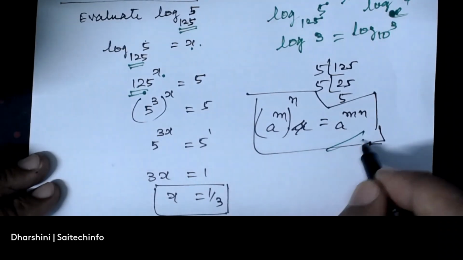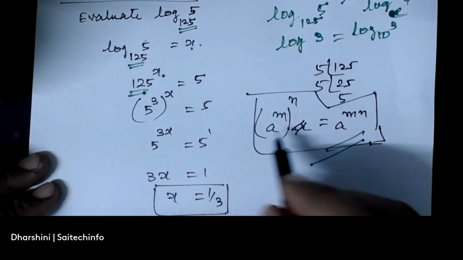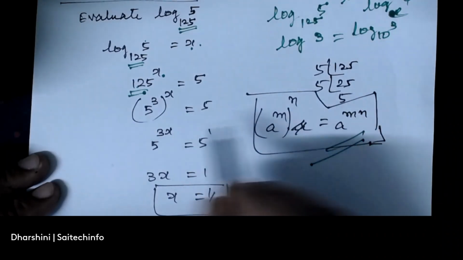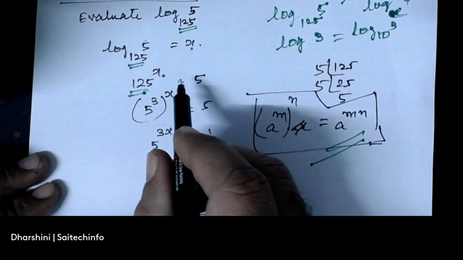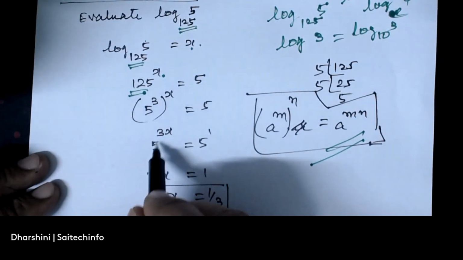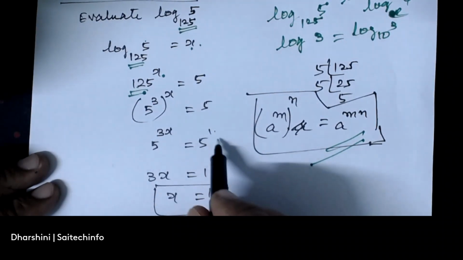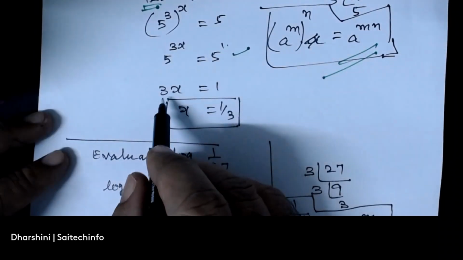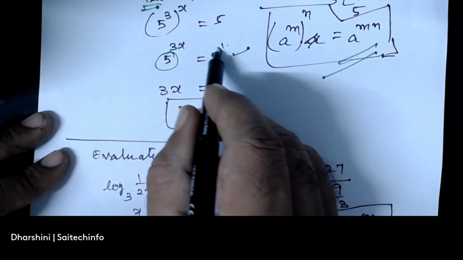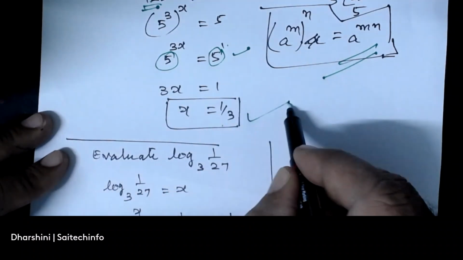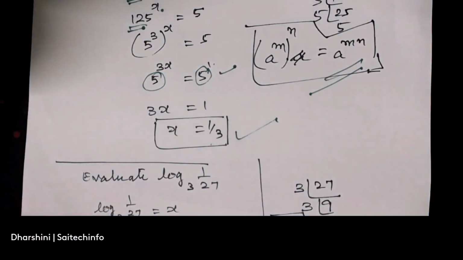You can apply this formula, that is the power rule of radicals, a power m whole power n is equal to a power m into n. So 5 power 3 into x, that is 3x, is equal to 5 power 1. Therefore 3x, you can compare the base. So 3x is equal to 1 and x is equal to 1 by 3. So we have evaluated x.